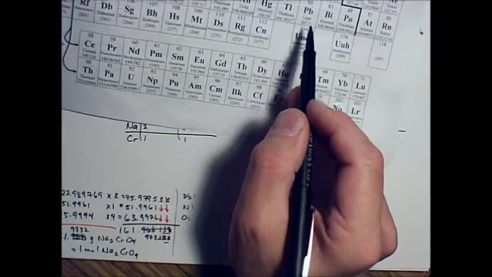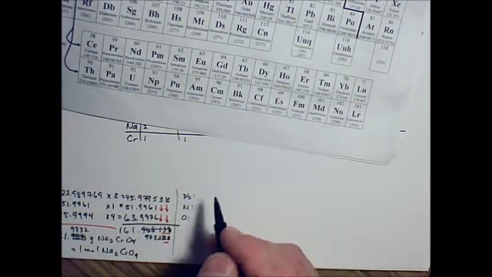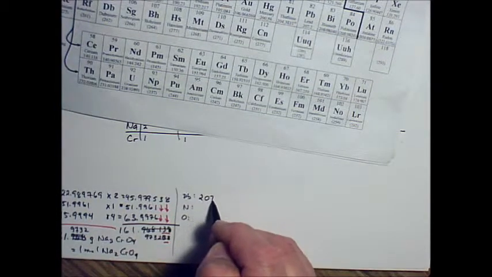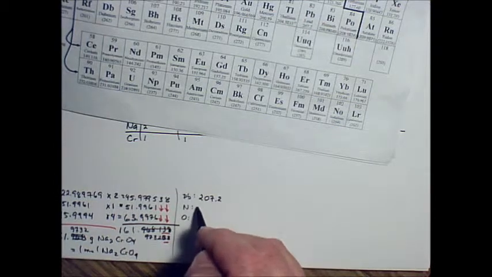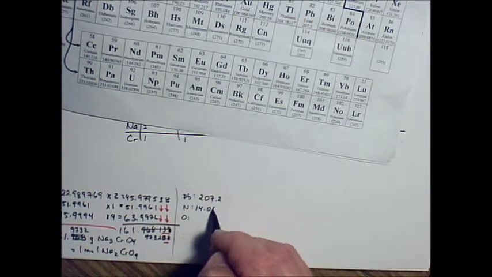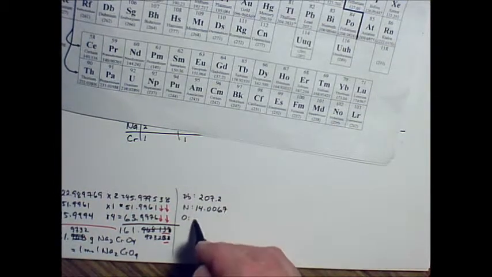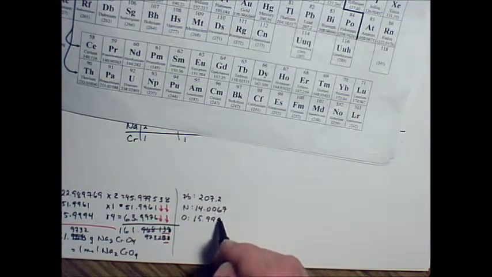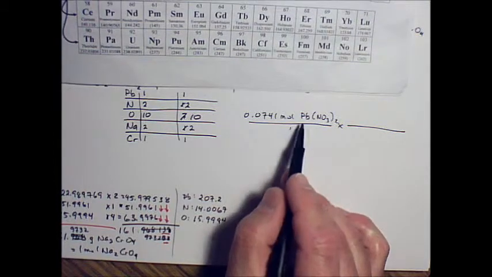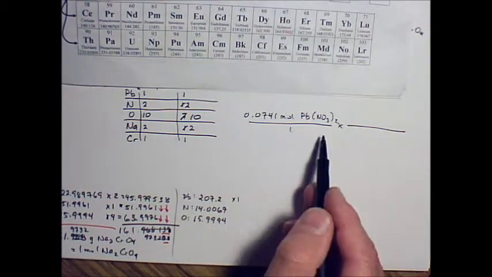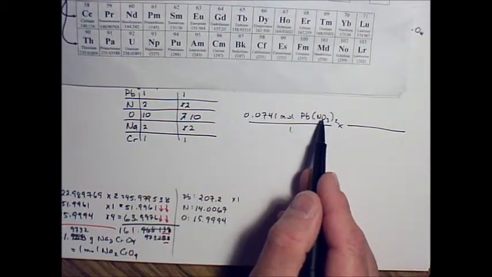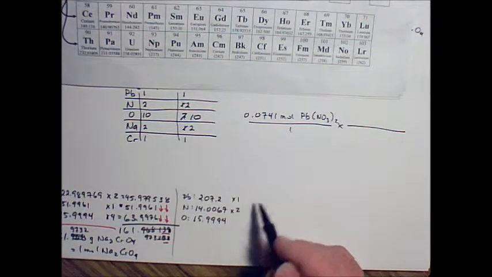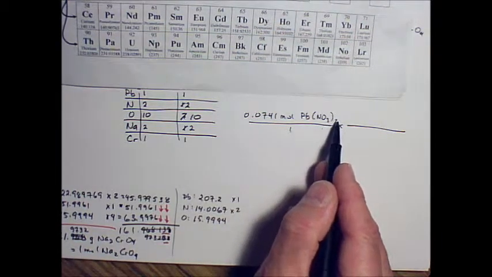The atomic mass of lead is 207.2. Atomic mass of nitrogen is 14.0067. And oxygen is 15.9994. In the formula we have 1 lead, 2 nitrogens, 6 oxygens.